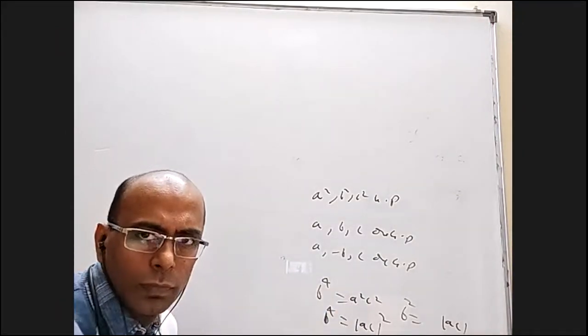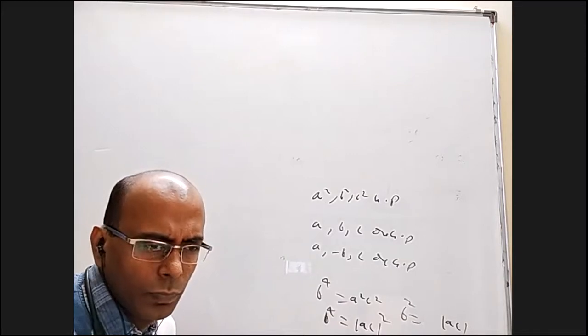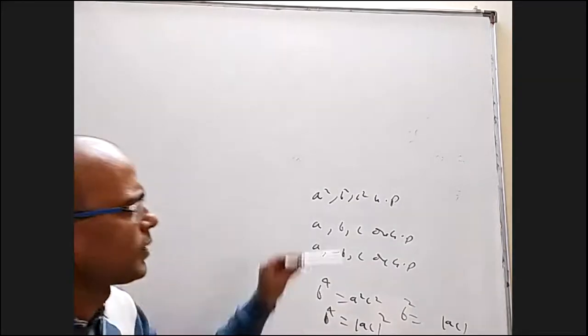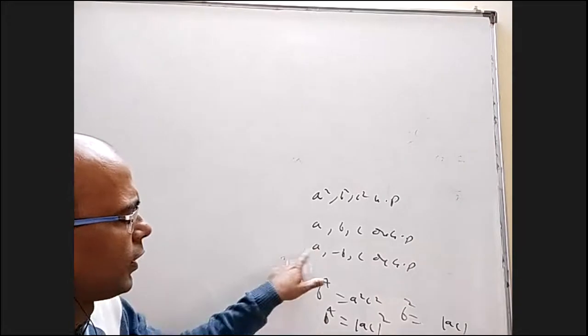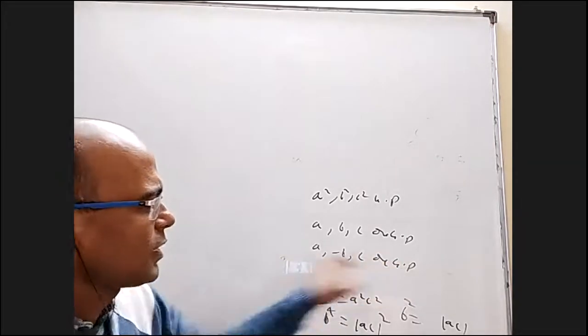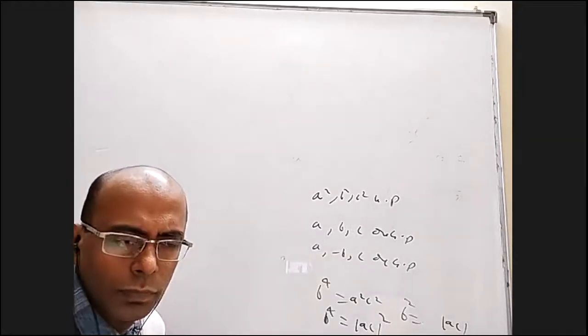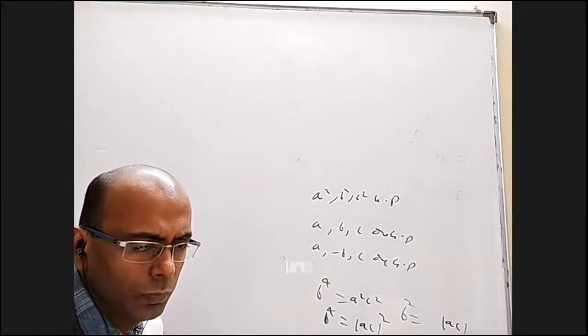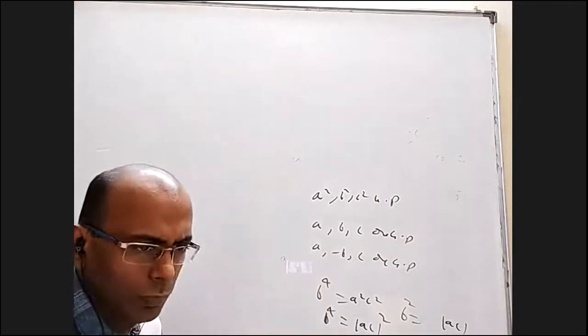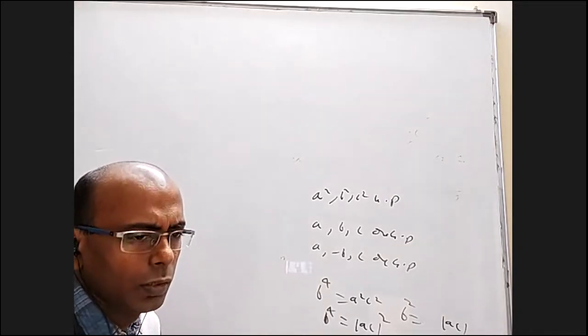But there are more cases, sir. Basically, you multiply minus here, minus here. I think those are the other two cases, nothing else. Sir, here A, B, C are in GP or A, B, minus C are in GP, not A, minus B, C.